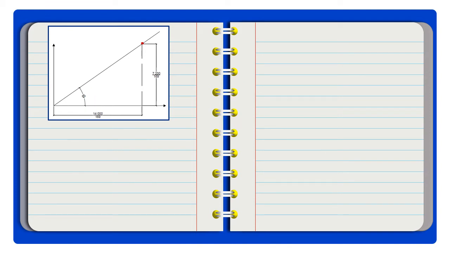So from this one, we can see that we have produced a triangle. Then with this triangle, we can use the tangent function to get the angle of internal friction. So getting the tangent of the opposite, which is the shear stress, and the adjacent, which is the normal stress.